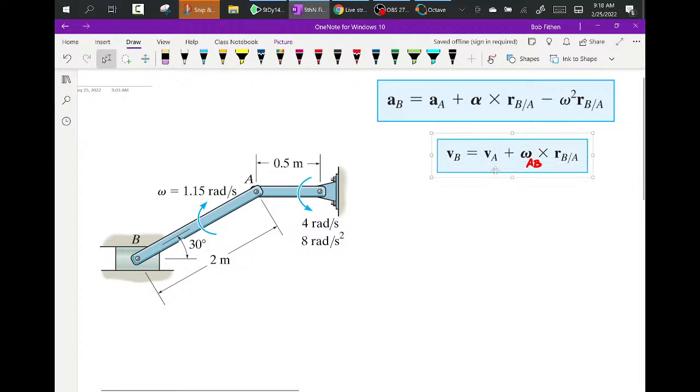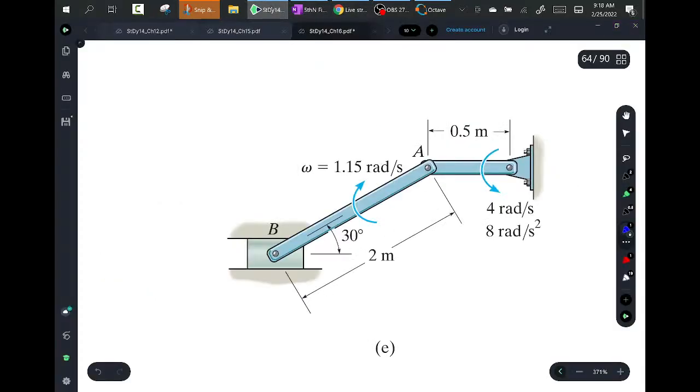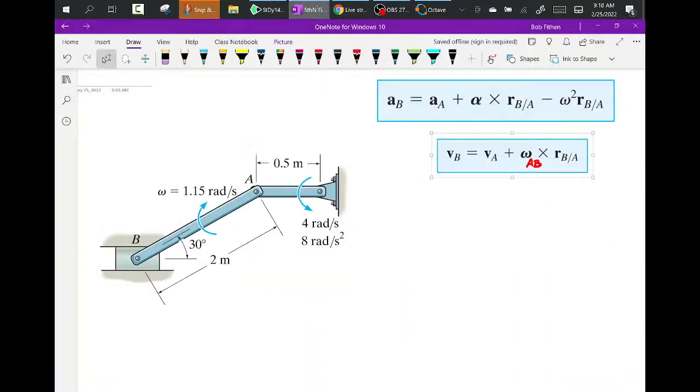Now, I really should have copied this equation with an AB here and an AB here, because there are many omegas and alphas that could happen through a linkage like this. So let's start with the velocities.